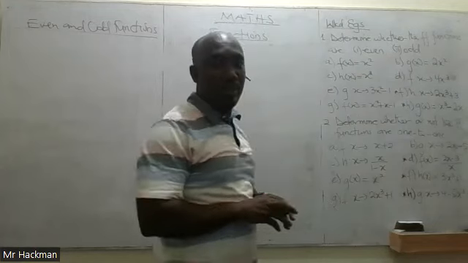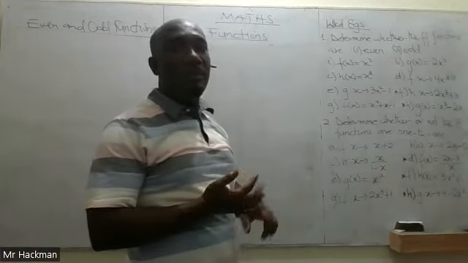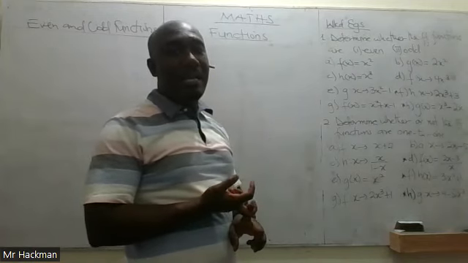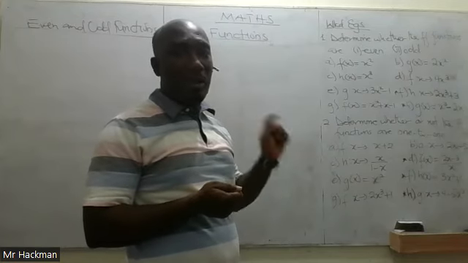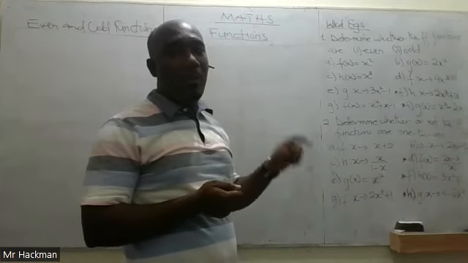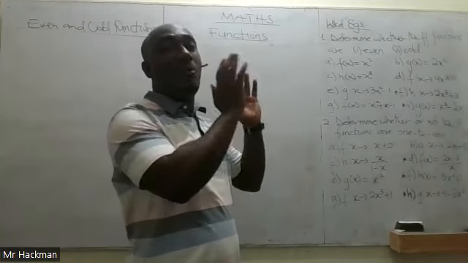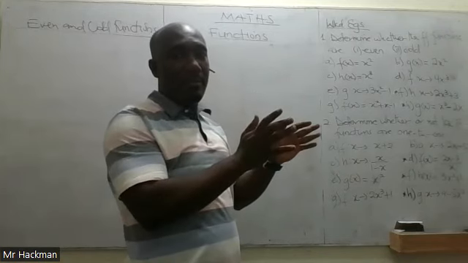Maybe A, S cubed, B, S to the power 6, C, S to the power 8. You have to know that the one with odd power will be odd, and the one with even power will be even, if it is just a one variable term. Please take note.